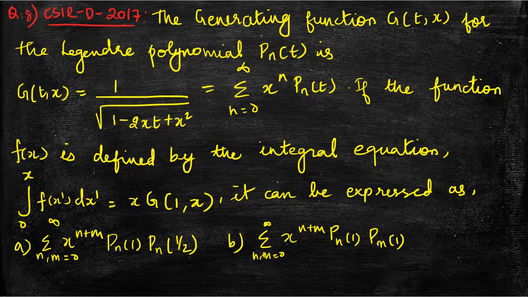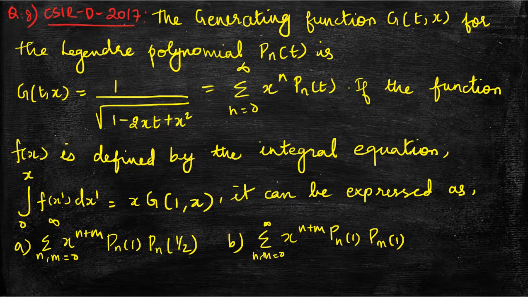This g is the generating function, and this integral can be expressed with respect to the polynomials as given in the options. So we have to find in what way we can express it, so you'll have to see the options.